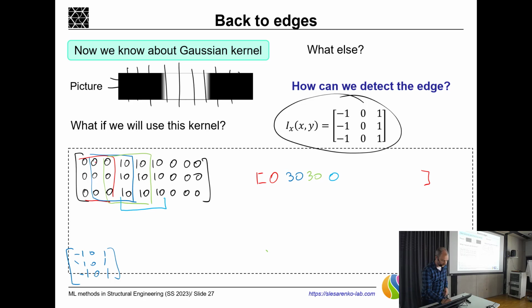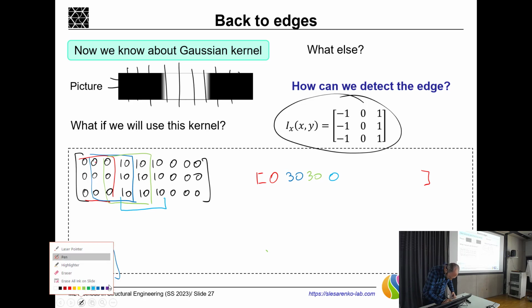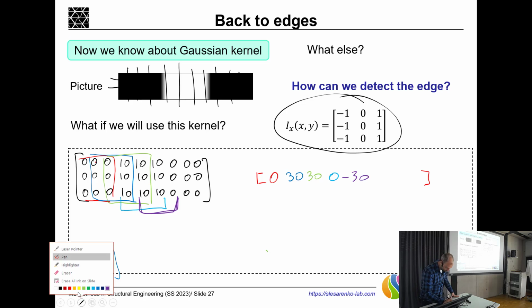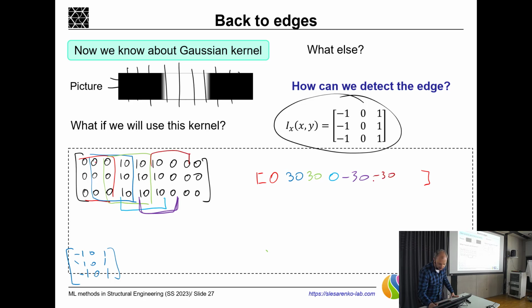Next, if we shift, my colors are running out, but let's do 2 more, we're almost done. What will happen here? -30, right? Then here, still -30. And finally, let's do it in black, 0.